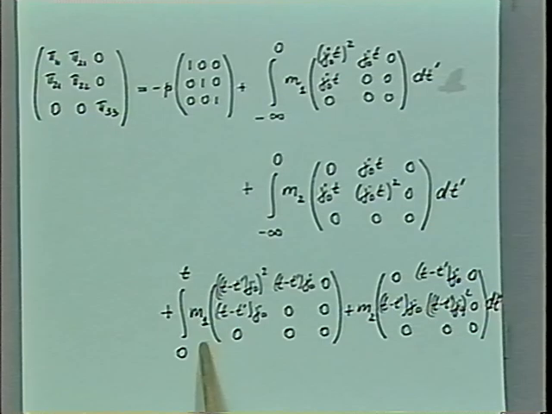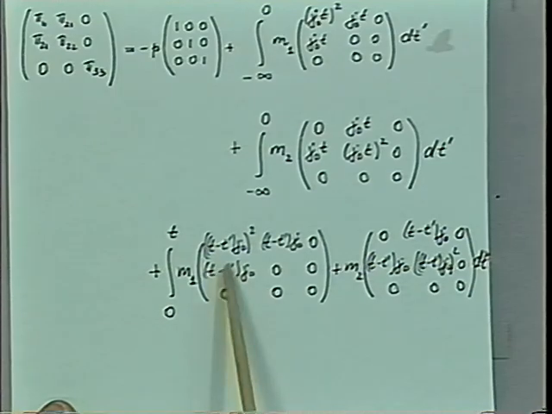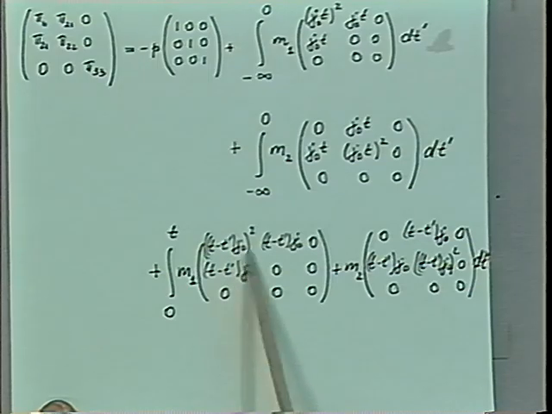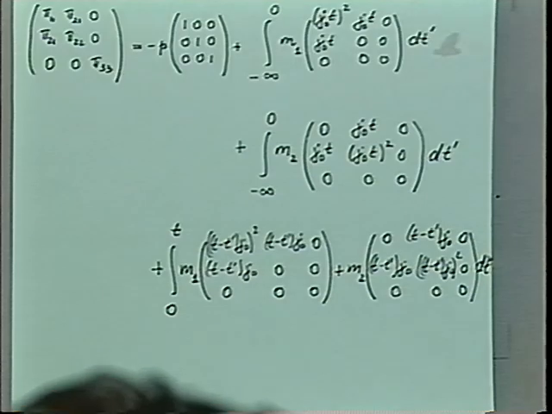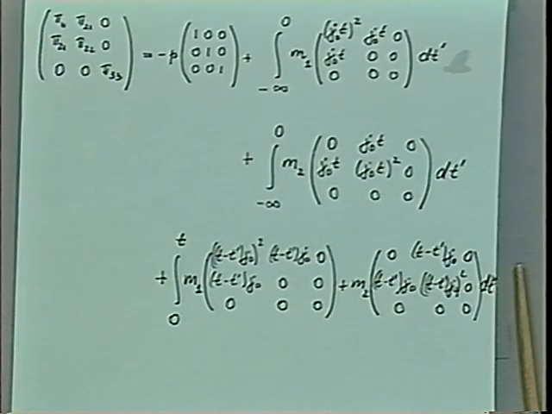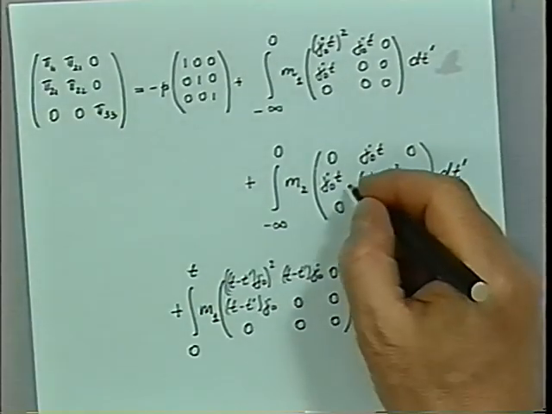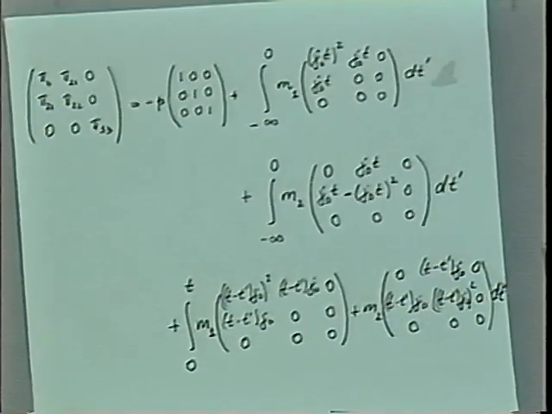And here we have then the second part of the integral from 0 to t, and the strain is given by gamma dot 0 times the lapse time t minus t prime. Here this is strain squared. This is just the strain, and all of this. I think we have to put in a minus sign here to be correct. So this is the type of calculations you would be doing.